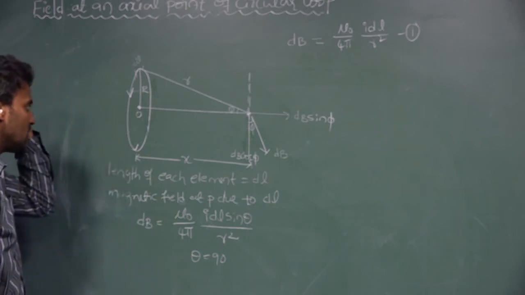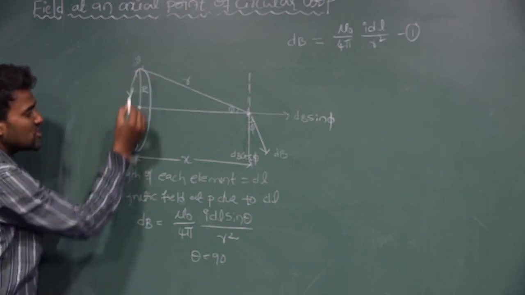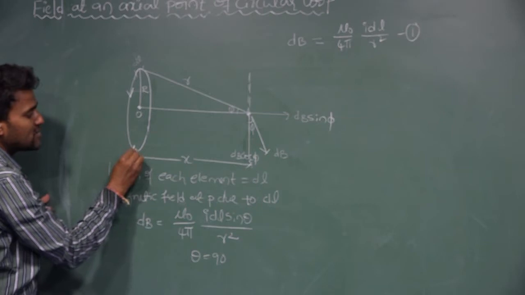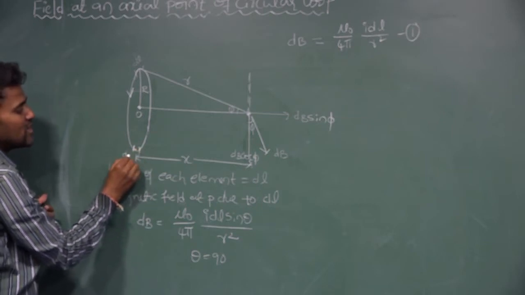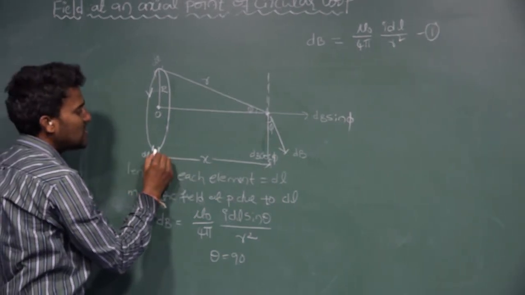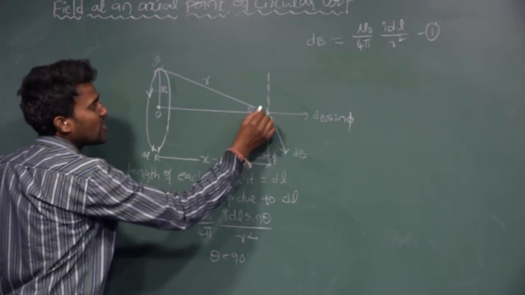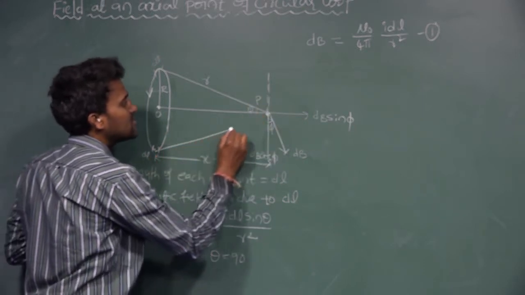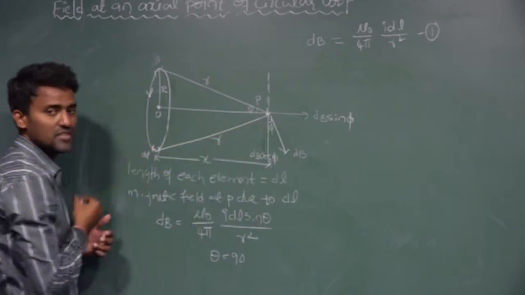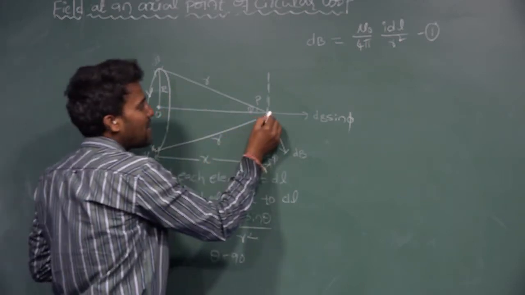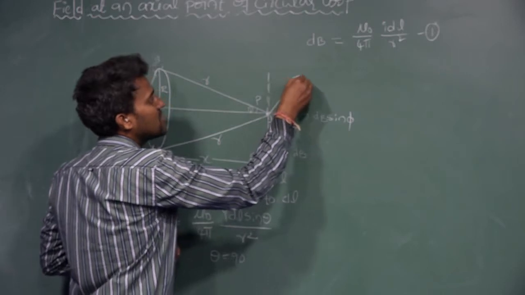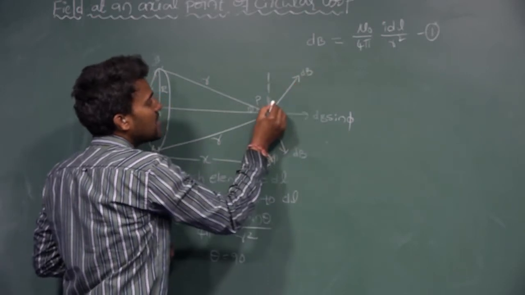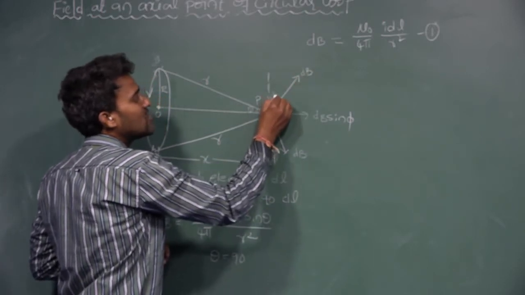Next, exactly opposite to this one, I am taking one more element. This is also dl. What is the magnetic field at point P due to this small element? These two distances are the same, and the magnetic field is perpendicular. Here dB is along this direction. Again dB makes an angle phi with the vertical.